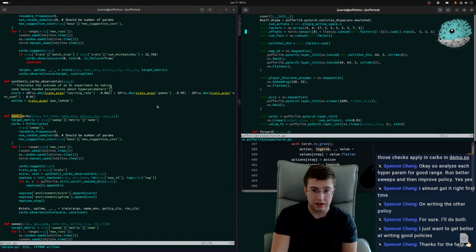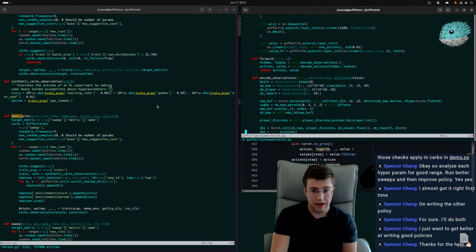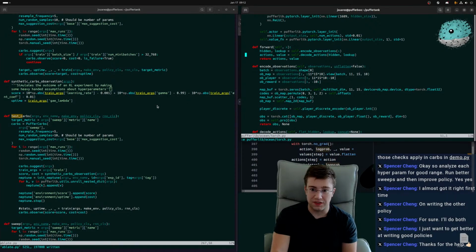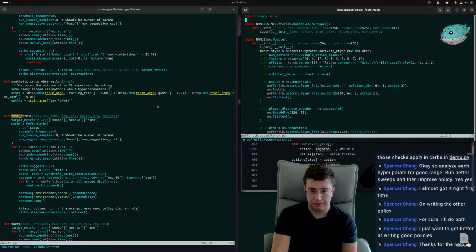The only tricky thing here is this factors trick for multi-hot encoding. But dude, look at this. That's it. That's the policy. And I had all sorts of more complicated policies that did worse and were slower. Doesn't take a lot.